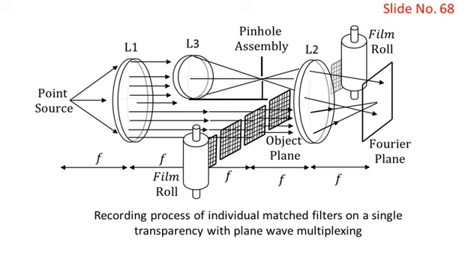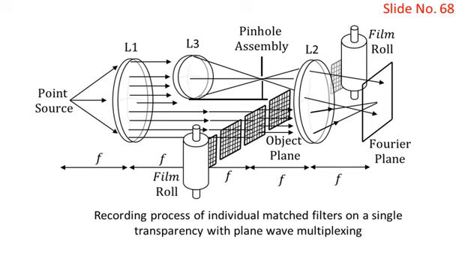It is because the diverging wave which is hitting the lens L2 is hitting the lens not at the optical center but away from the optical center. Since the diverging wave hitting the lens L2 is away from the optical center, the lens will generate the plane wave at some angle, and this plane wave will reach the Fourier plane.